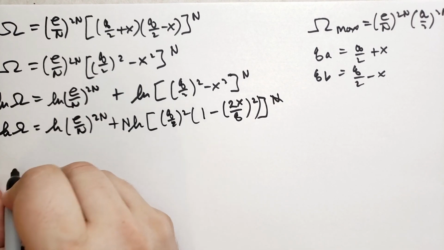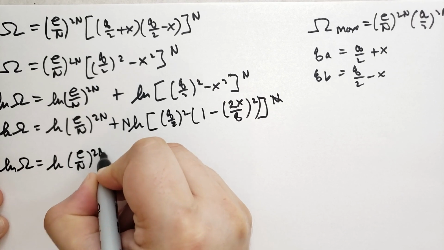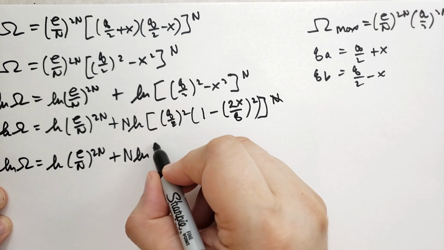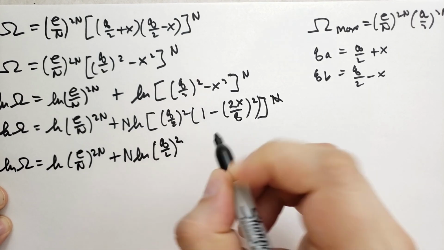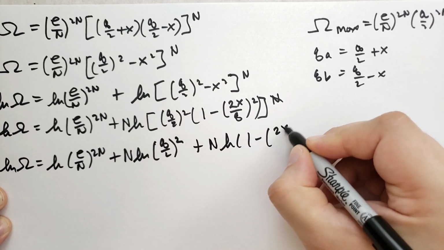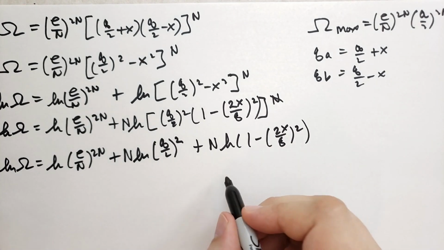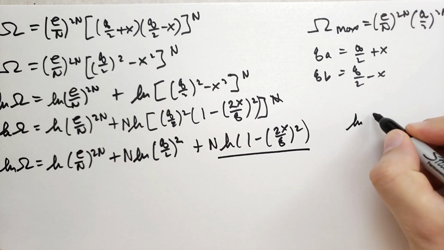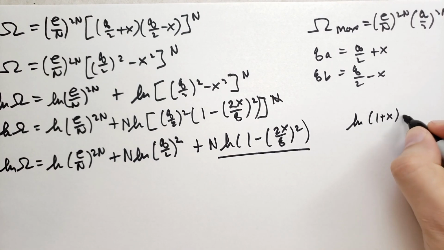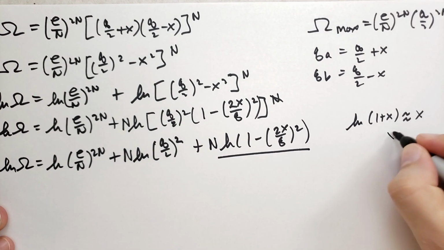And so this is going to be equal to the first log, plus n times the log of (Q/2)^2, plus n times the log of 1 minus (2X/Q)^2. For this one, we're going to use the approximation that the log of 1 plus x is about equal to x when x is much less than 1.